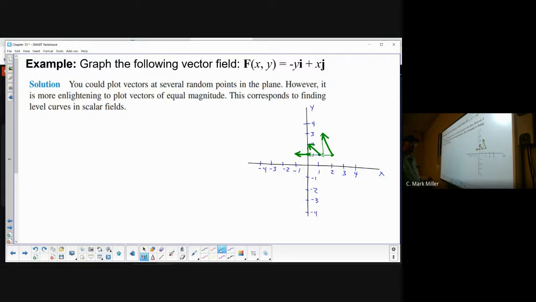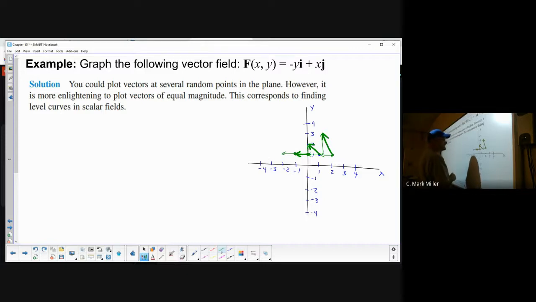If I go over 1 more, to here, minus 1, 1, my vector is going to go over 1 because y is the same.